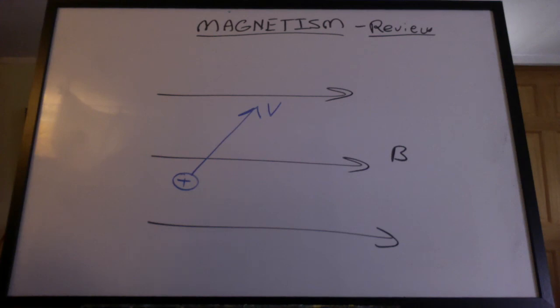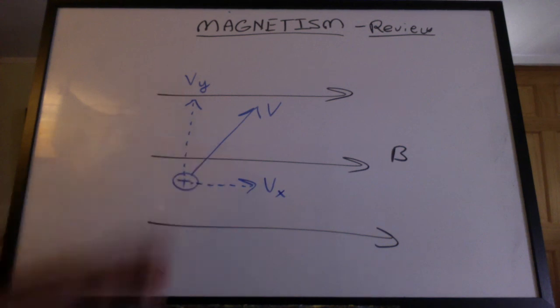But what if the velocity is moving at an angle to the magnetic field that's not perpendicular? You're going to have to break that velocity vector up into two components. Which of these components would produce a magnetic force? The y component is perpendicular to the magnetic field.